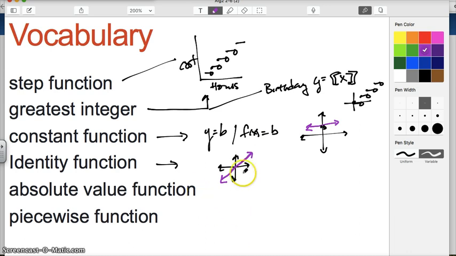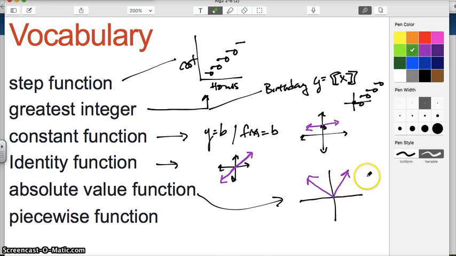Our absolute value function, our absolute value of a linear equation, I should say, will always have a V shape. Sometimes these V's can be lower or upside down or narrower or even wider, okay?